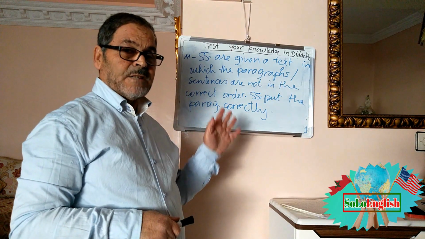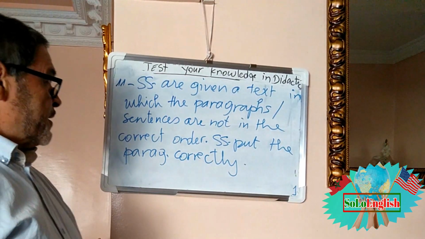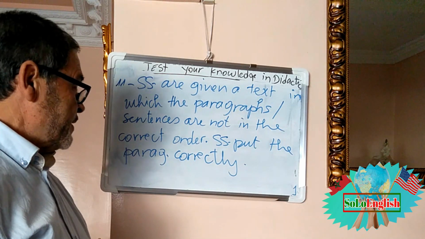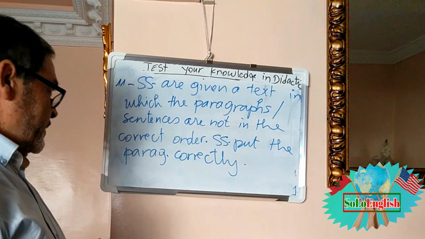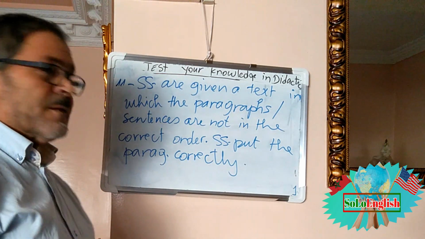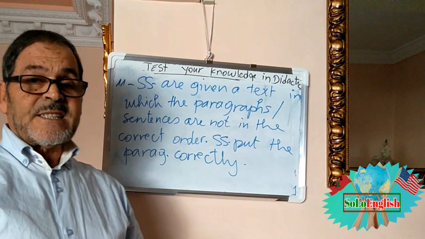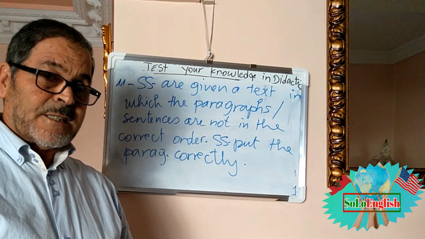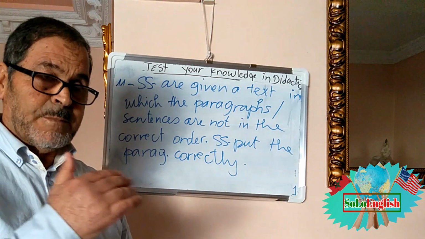Let's read just the instructions, the information we have in the sentence. Students are given a text in which the paragraphs, sentences are not in the correct order. Students put the paragraph correctly, and we have tasks in textbooks. We have many tasks in which we put either sentences or paragraphs, especially paragraphs.